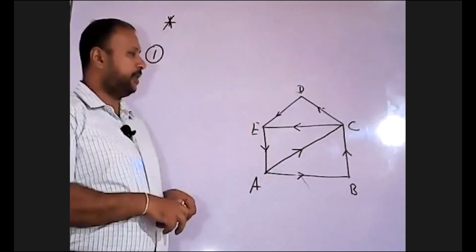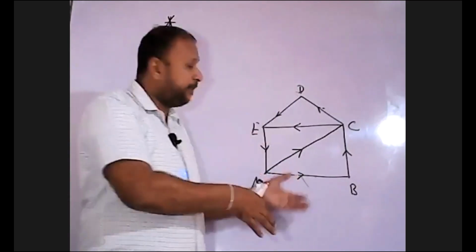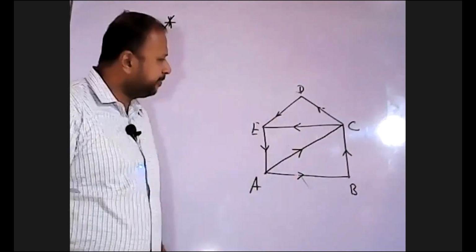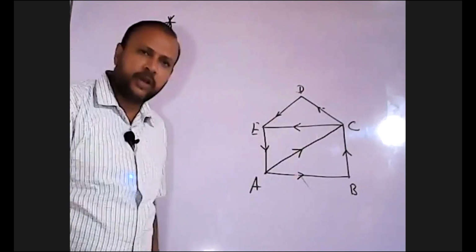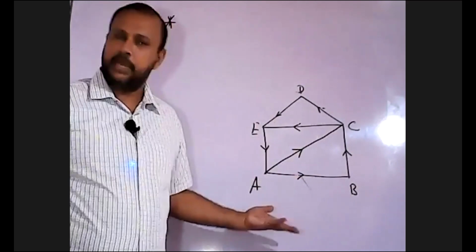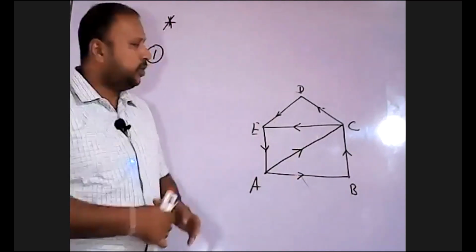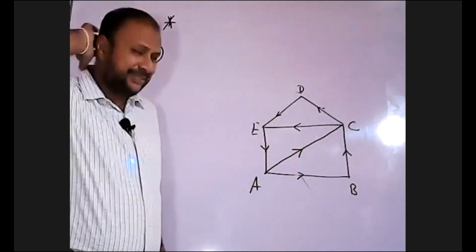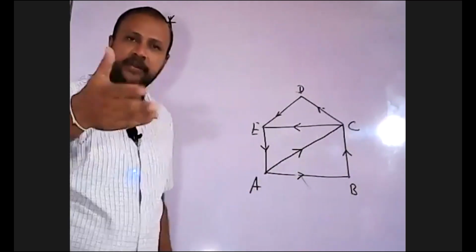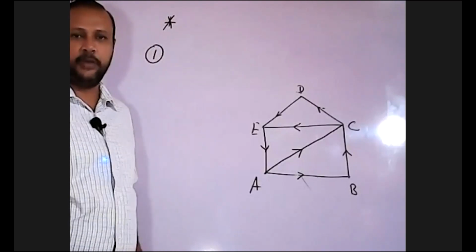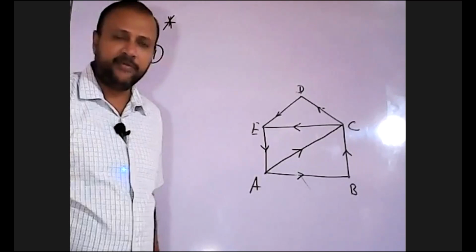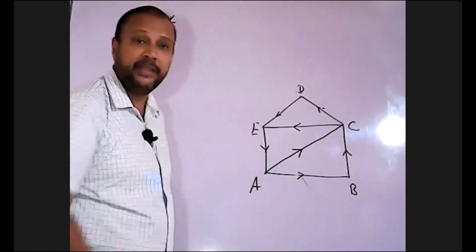Once you reduce it, look again whether there is another closed loop or not. If not, you can apply the vector addition theorem, that means the vector polygon or vector triangle principle. All are the same theory.